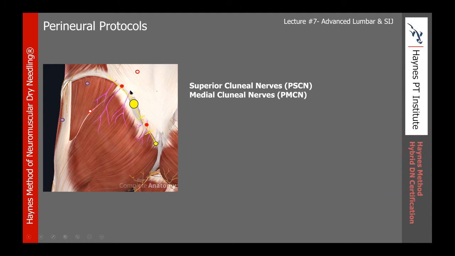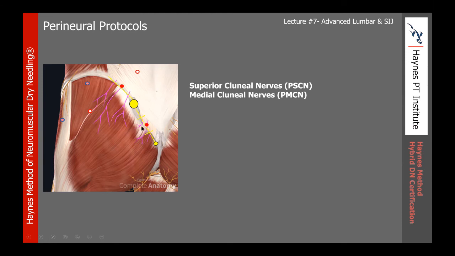So probably more related to improving tissue extensibility in the thoracolumbar fascia above or more superior to the crest, and then try to improve nerve function more below that. A lot of times we will see people with tenderness along the iliac crest right there, and very likely could be superior cluneal nerves.